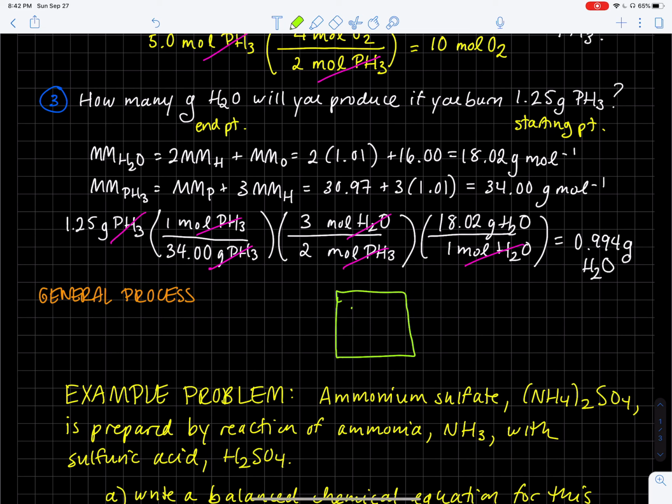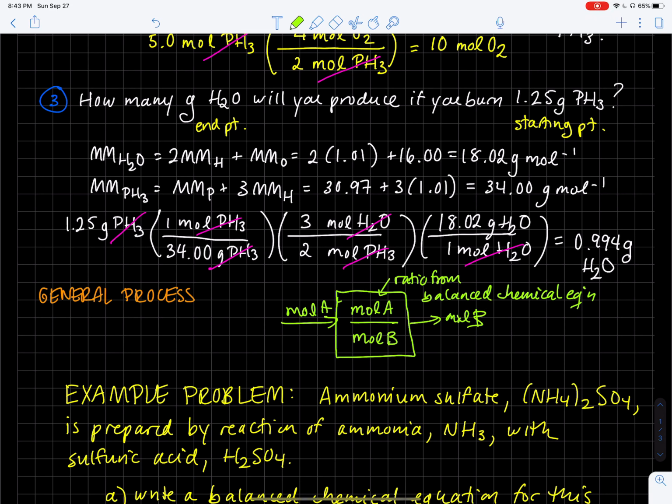Inside my mole box, I go from moles of A to moles of B. And the ratio here is from the balanced chemical equation. Moles of A to moles of B. So coming into here, I have moles of A. Coming out, I have moles of B. And I can do all kinds of other stuff on the left and the right.